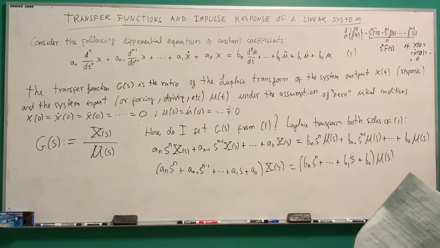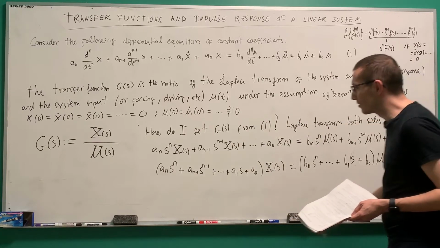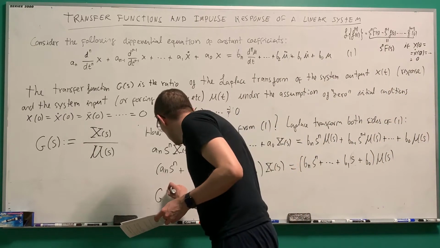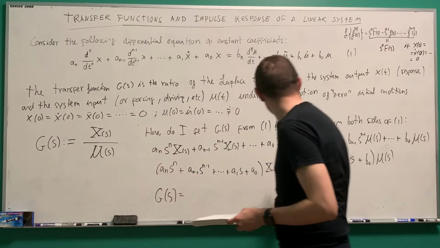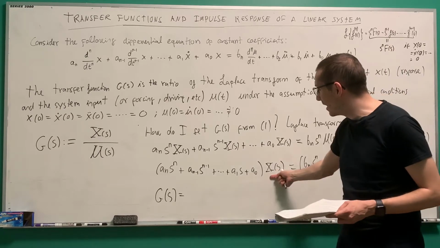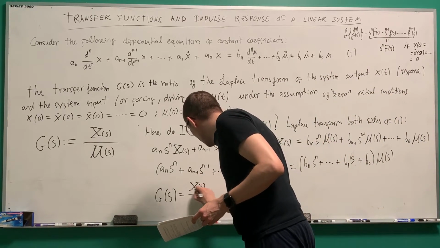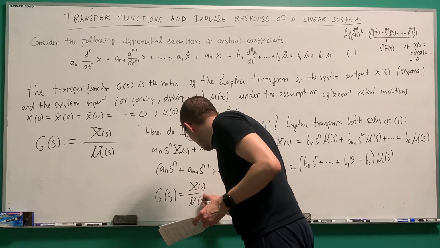And then I can solve for the transfer function directly from here. The transfer function G of s is equal to X divided by U, so X of s divided by U of s.